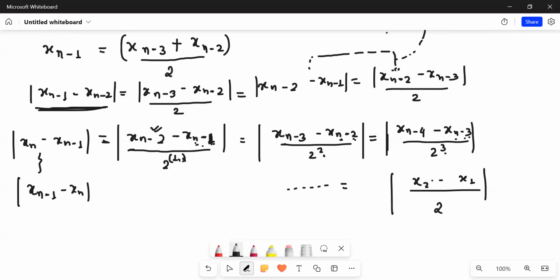Is that clear or not clear? What is 1? 1 is n minus of n minus 1, right? So you're going to get n minus 1. Is that clear? Yes or no?